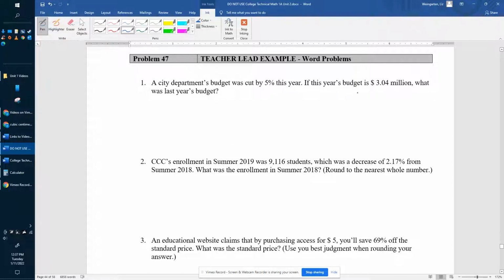So last year's budget was 100%. This year, we took last year's budget and subtracted 5%. So this year's budget is 95%.